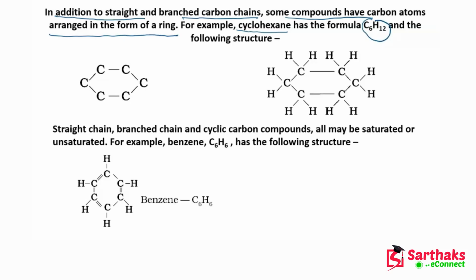Because there are 6 carbons and I have written cyclohexane, it means a ring of carbon is present. Hexane denotes the presence of 6 carbons and ane shows that there should be only single bonds. So here, this is the ring of carbon, and all the carbons are attached to other carbons with single bonds.